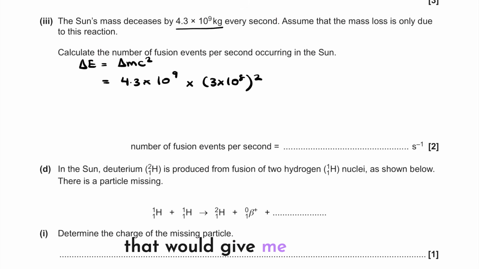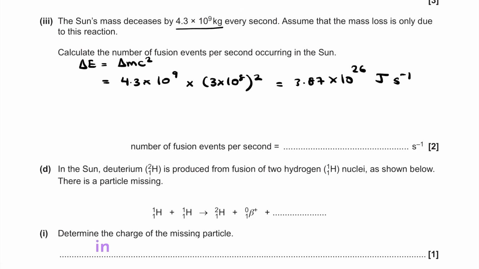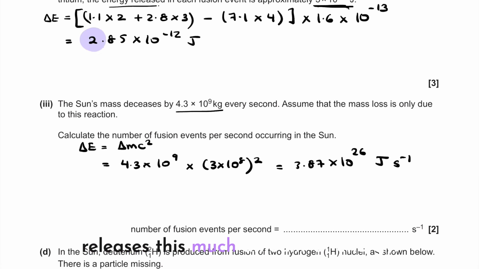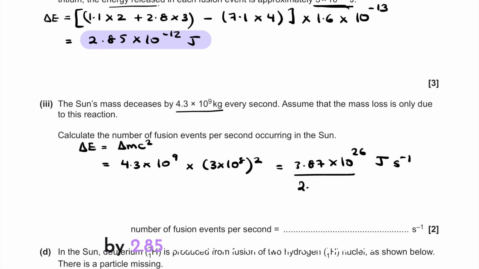That would give me a value of 3.87 times 10 to the 26 joules per second. In order to find out the number of fusion events, we know that each fusion releases this much energy. So all we've got to do is divide our number by 2.85 times 10 to the minus 12. That would give me 1.4 times 10 to the 38 fusions per second.